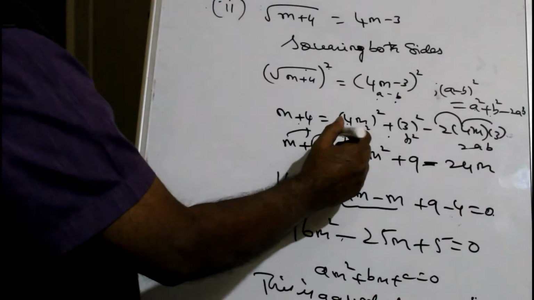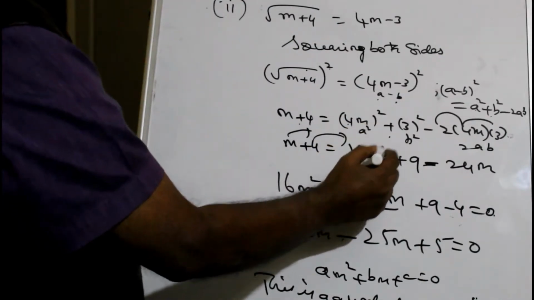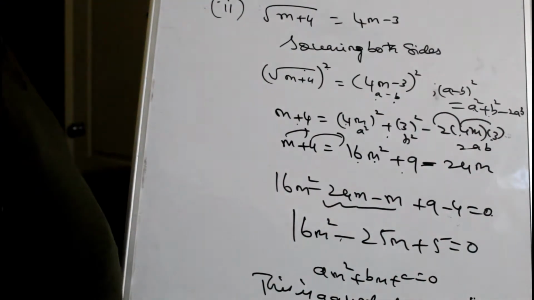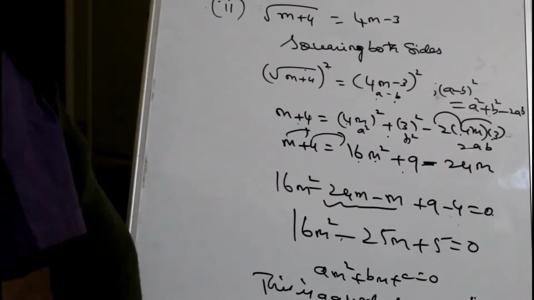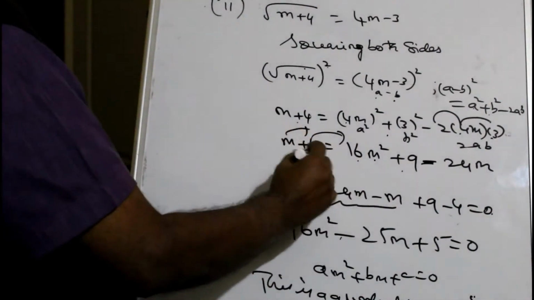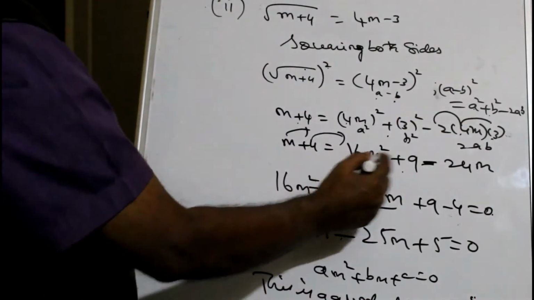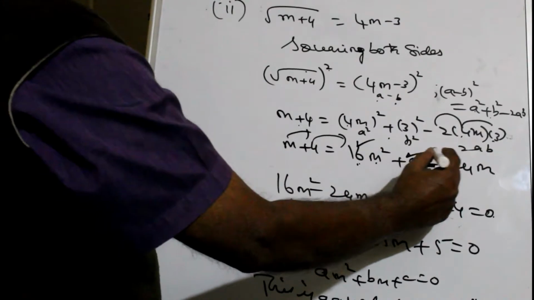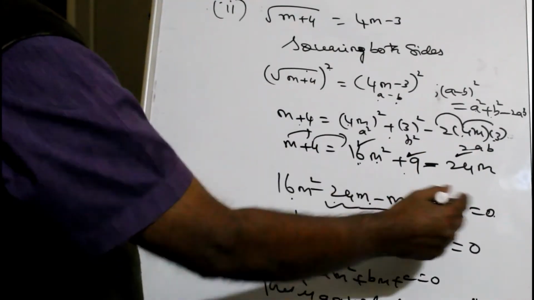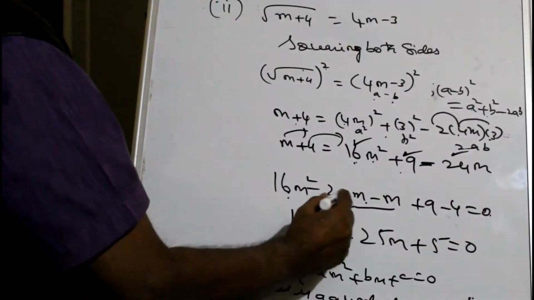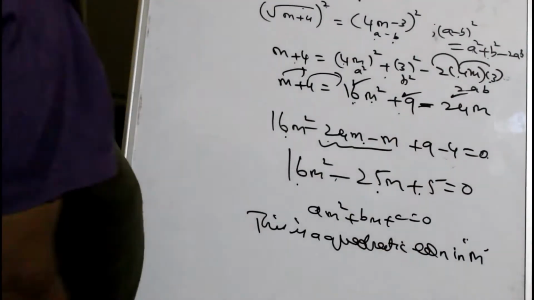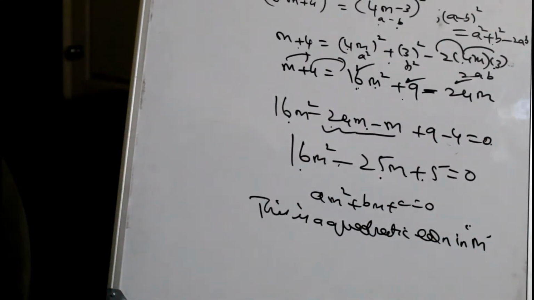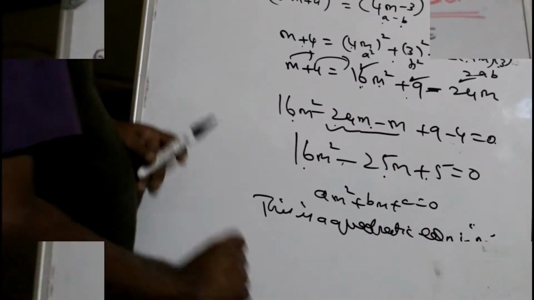M plus 4 equal to 16m square plus 9, minus 24m. Take m plus 4 to that side and don't disturb the 16m square. So 16m square minus 25m plus 5 equal to 0. So this is a quadratic equation in m. We'll try the next sum.